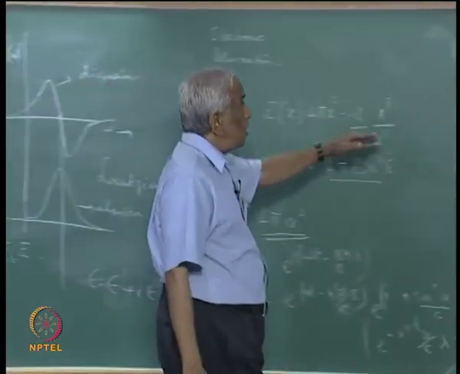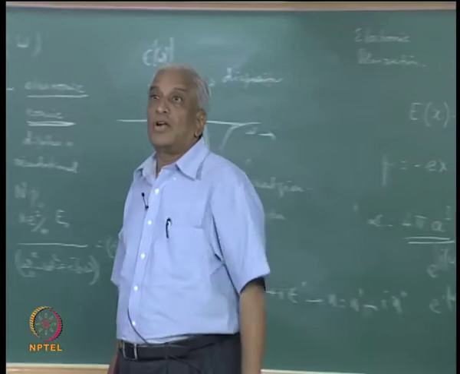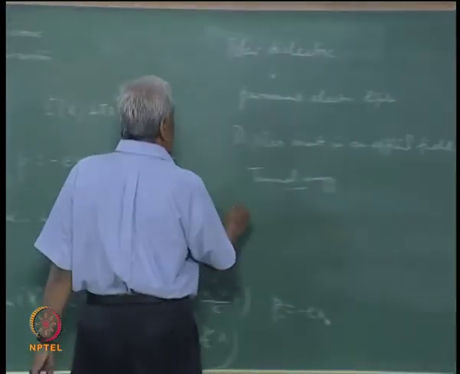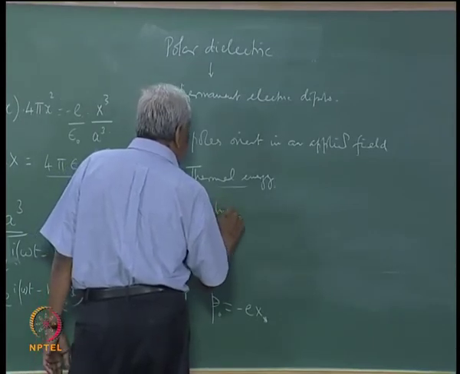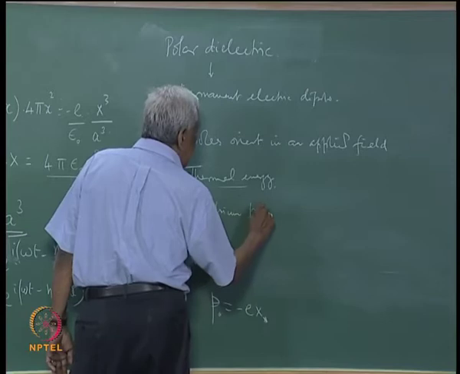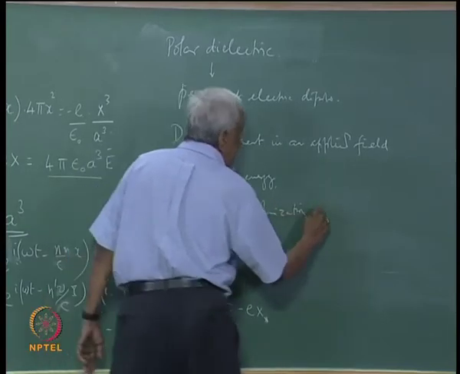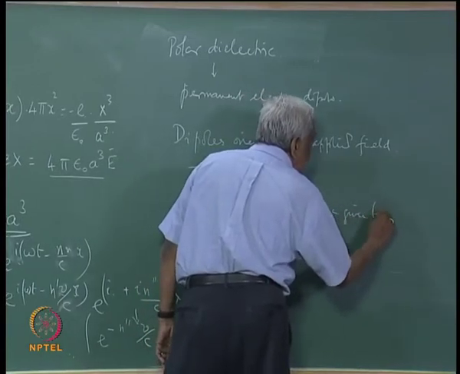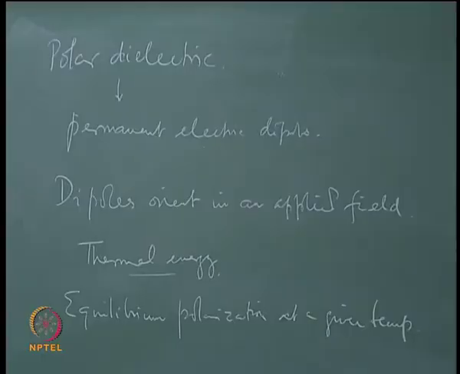So, there is an ordering influence due to the applied field, which competes with the disordering influence. The equilibrium polarization at a given temperature is what determines the dielectric constant.